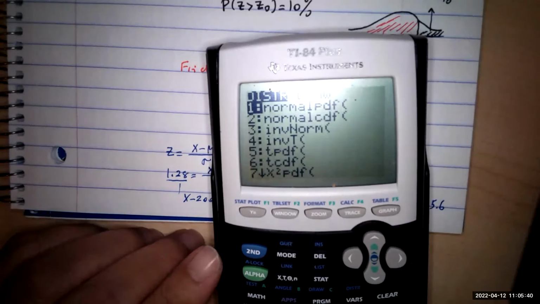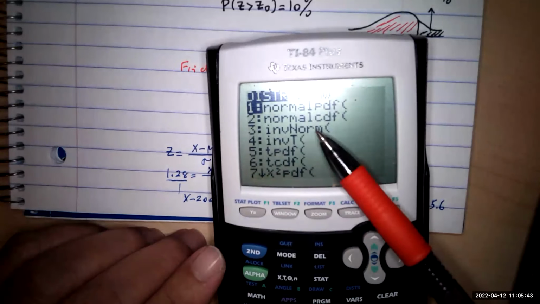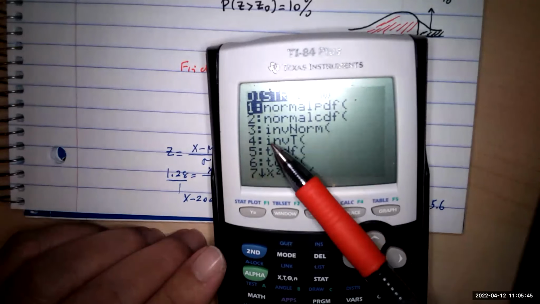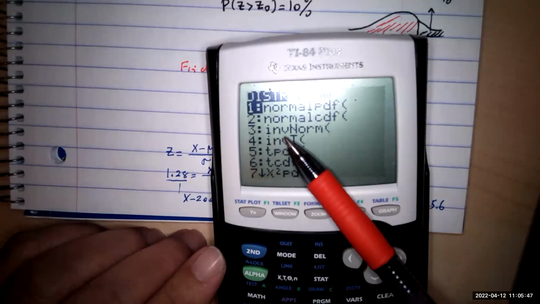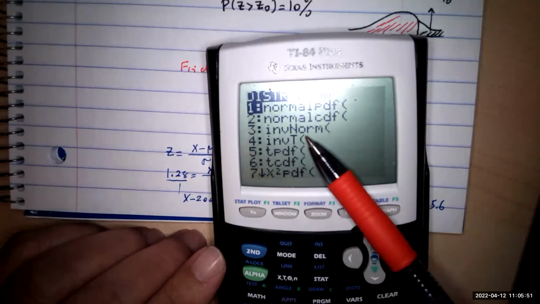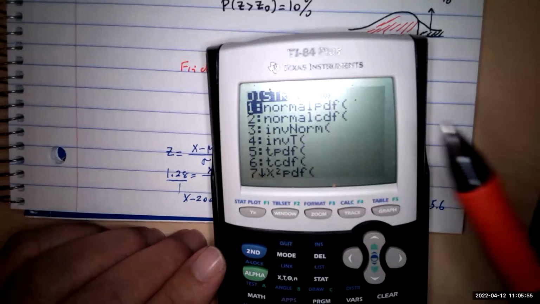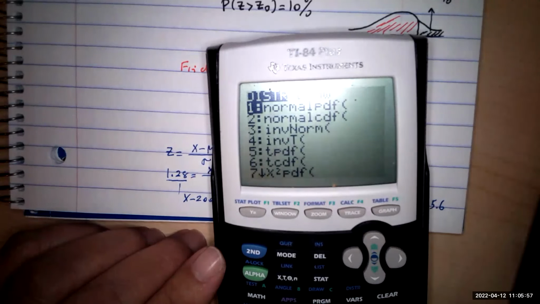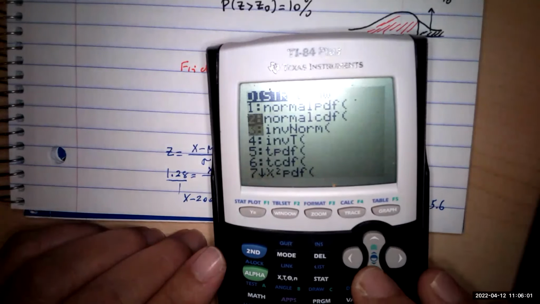When you go to the distribution, the one that we used was normal CDF. Now look at the number 3, INV, inverse, invert norm, inverse of the normal. This operation that we do, this inverse operation, if you like. Okay, so for this problem, you go to the invert.